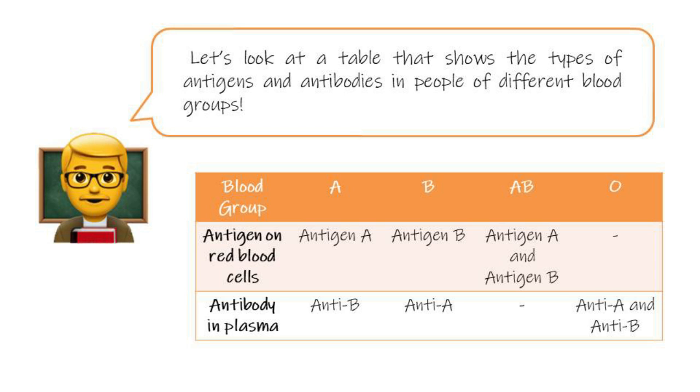People with blood group AB will have both antigen A and antigen B on their red blood cells. Last but not least, people of blood group O will have no antigen on their red blood cells, but have both anti-A and anti-B antibodies in their plasma.